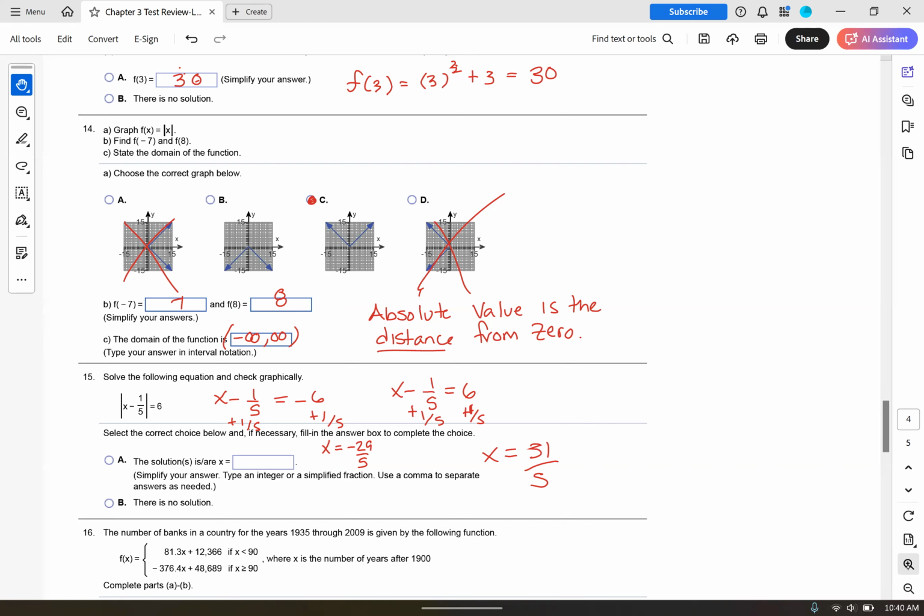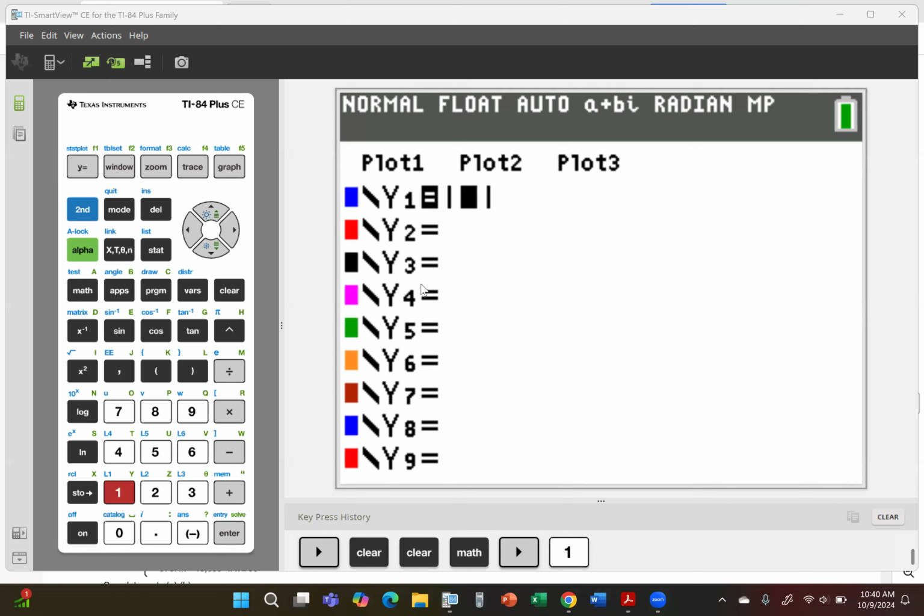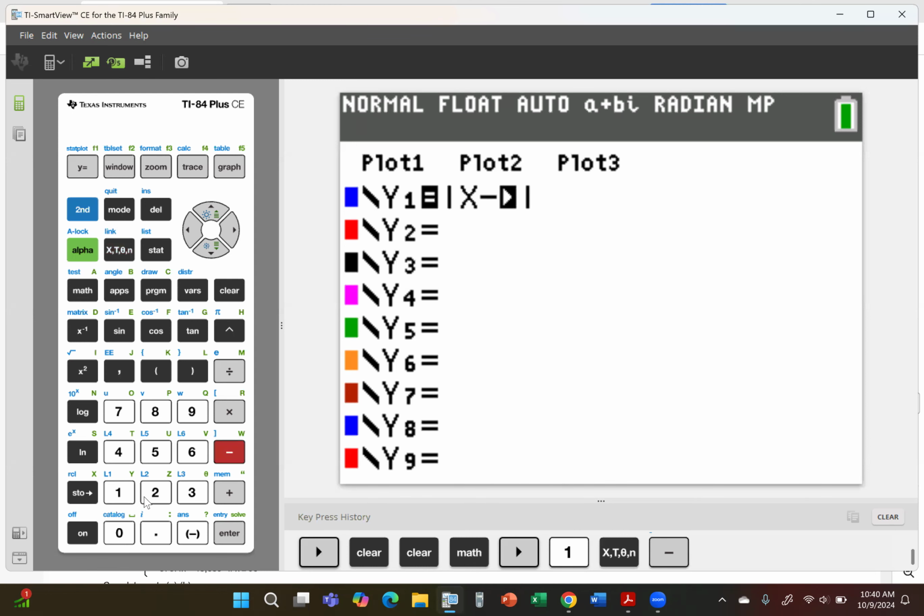Yeah, we can see it. All right. So X minus a fifth, X minus 1 divided by 5 inside the absolute value bars. And then what is the other one going to be? 6.